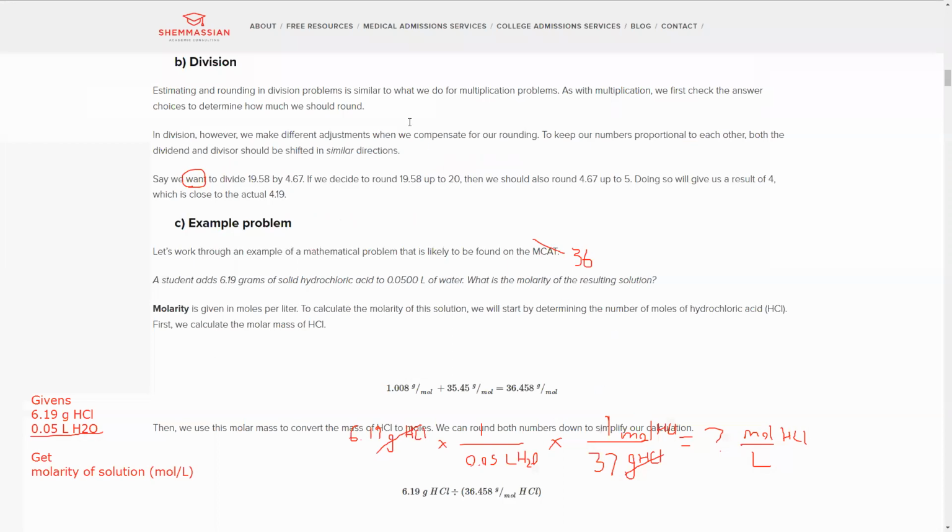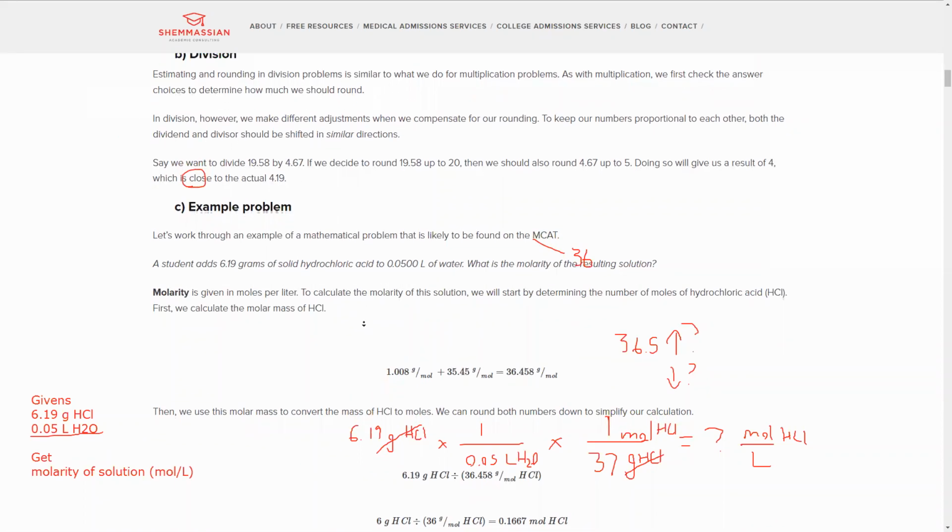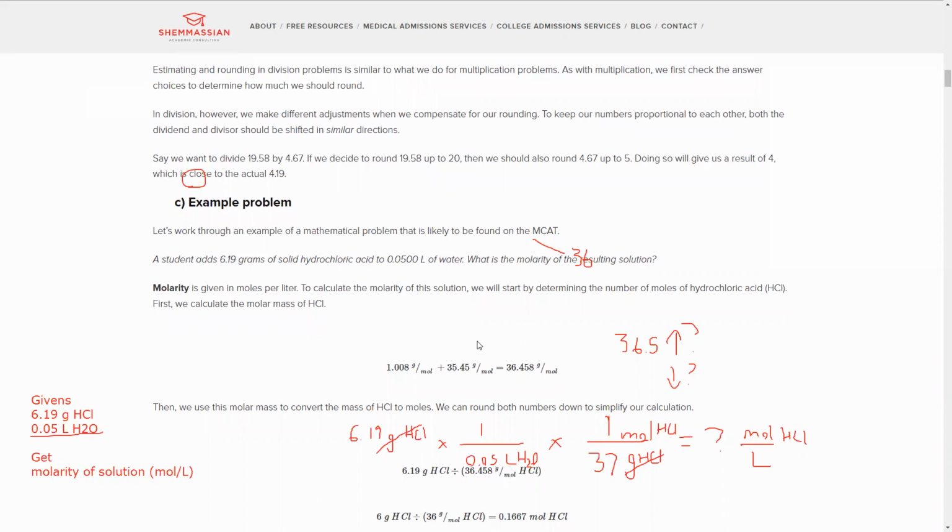And so with 36.5, again, we have the question of how should we round. Should we round this up or should we round this down, right? And now we're getting into more advanced rounding. You can manipulate the numbers the way that works the best for you.